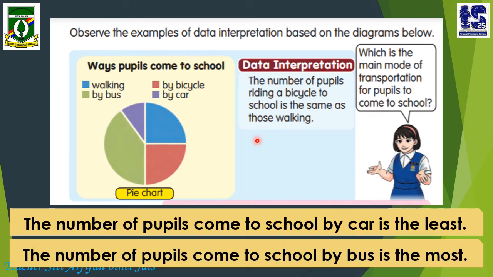And we can also interpret the number of pupils that come to school by bus. The number of pupils who come to school by bus is the most. So we can use the word most to represent the largest number and the least to represent the very small number.